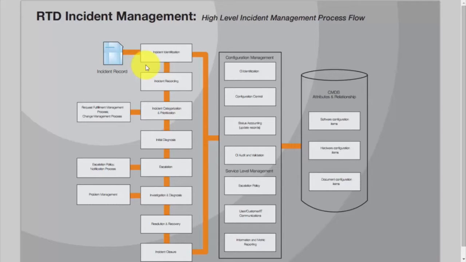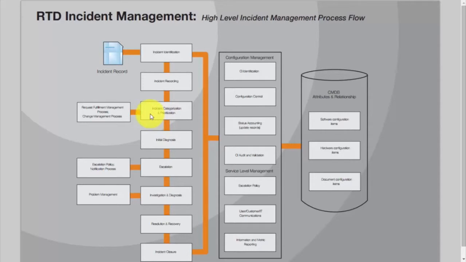That incident is then communicated with support, and the support group is responsible for the initial incident recording of the problem. Directly following the initial recording of the problem, we will enter into incident categorization and prioritization.